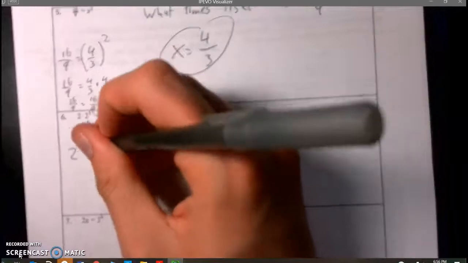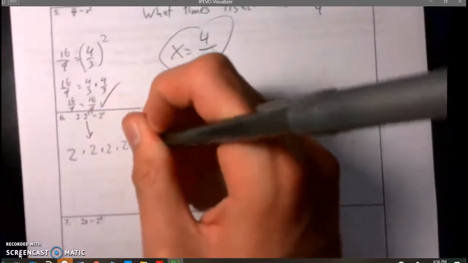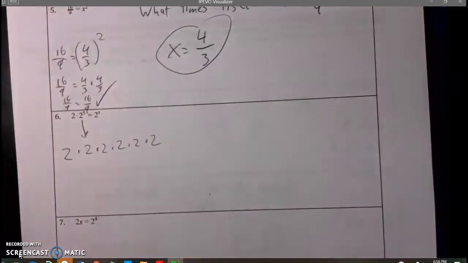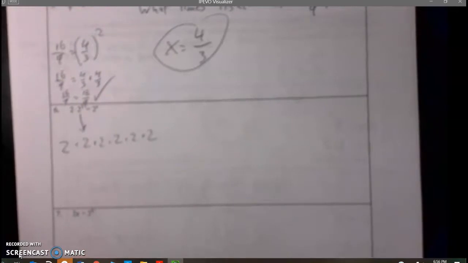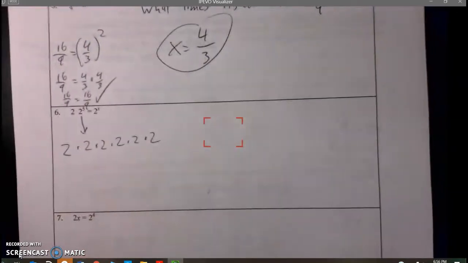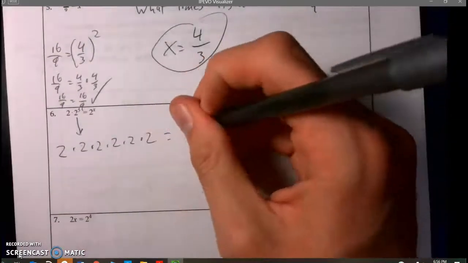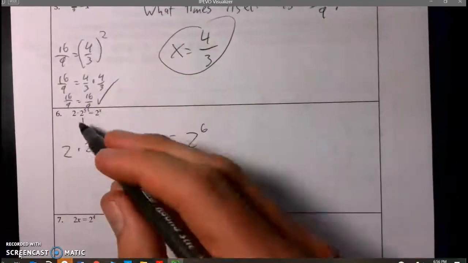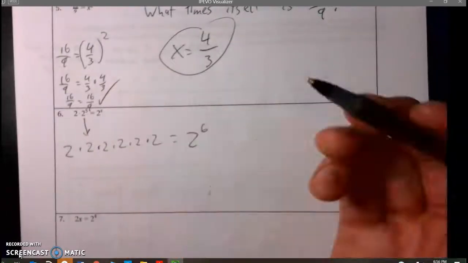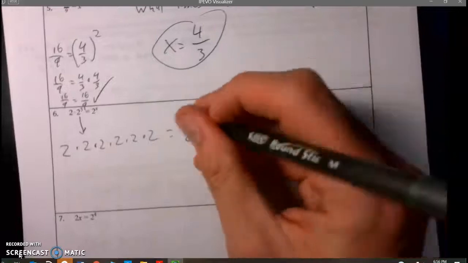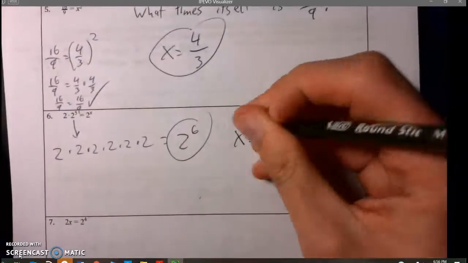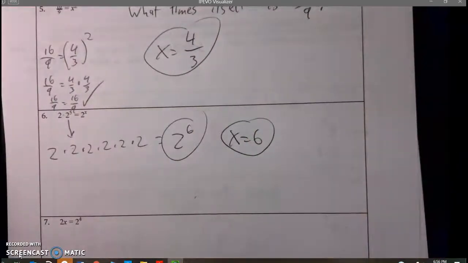So that's 5 2's, 1, 2, 3, 4, 5. Okay, so 2 times 2 to the 5th power could also be written as 6 2's, and 2 times itself, 6 times, is 2 to the 6th power. So 2 times 2 to the 5th power is 2 to the what power? 2 to the 6th power. So x equals 6. Okay.